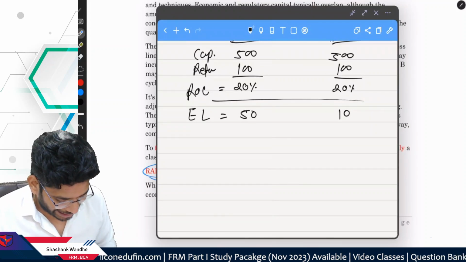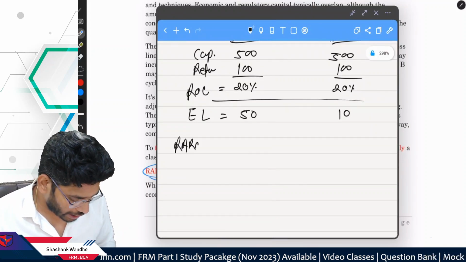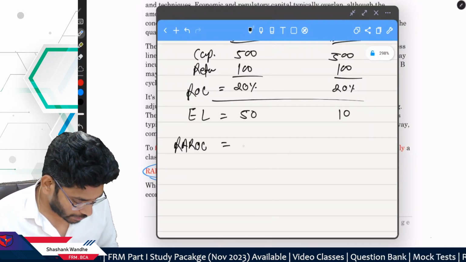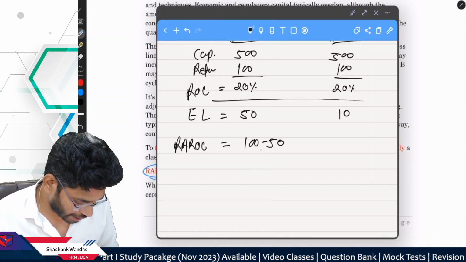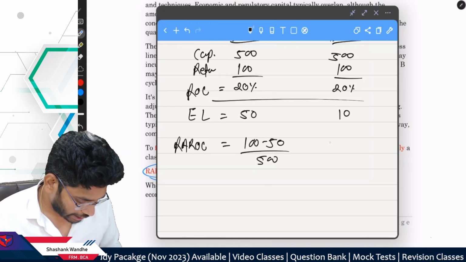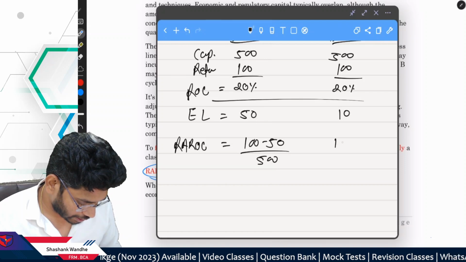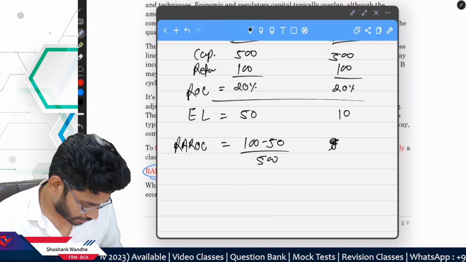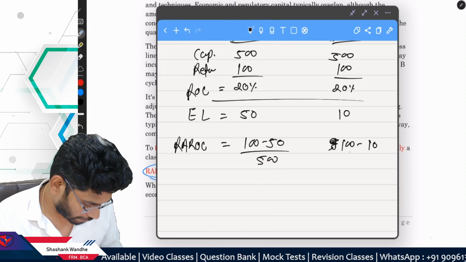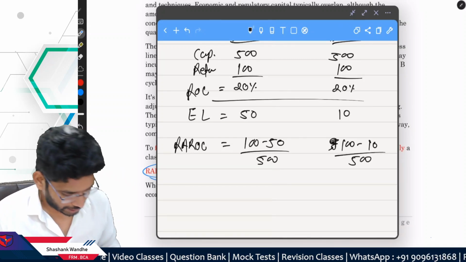But when I calculate RAROC, risk adjusted return on capital, I will calculate it like 100 minus 50 divided by 500. And then here we will have 100 minus 10 divided by 500.